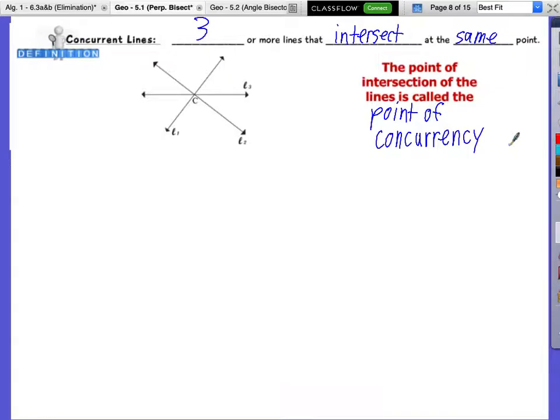Point C. Now the question was asked, does it always have to be point C? No, it doesn't. That just happens to be what this was named. It could be R, S, T, so on and so forth. It could be any point.